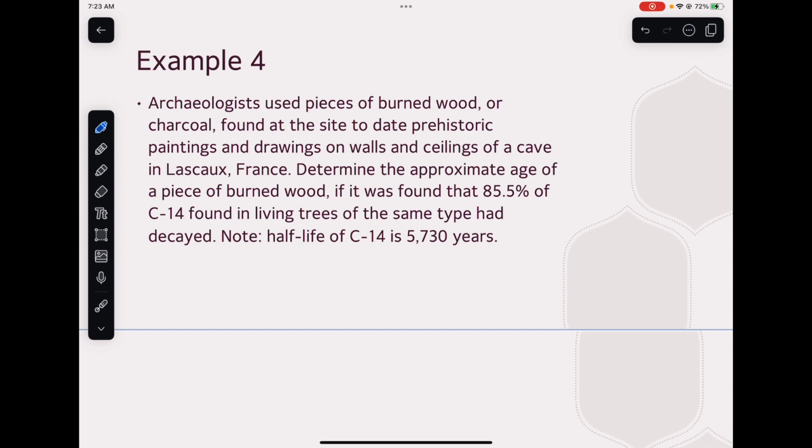It says that archaeologists use pieces of burned wood or charcoal found at the site to date prehistoric paintings and drawings on walls and ceilings of a cave in Lascaux, France. So there was a cave in Lascaux, France, and they found some paintings there on the walls and ceilings of the cave.